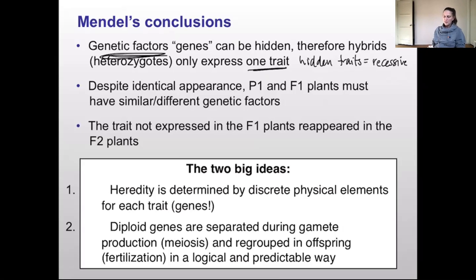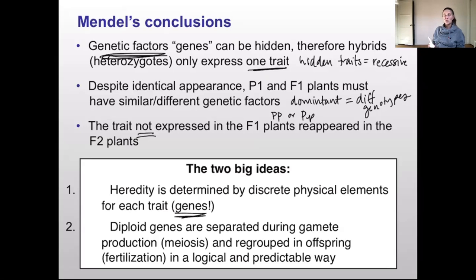Despite identical appearance, some dominant individuals can have different genotypes. For example, you can be big P, or big P, little p, and still be purple. The hidden recessive trait in those F1 plants can reappear when you mate heterozygotes. So the 2 big ideas: heredity or inheritance is determined by discrete physical elements for each trait.